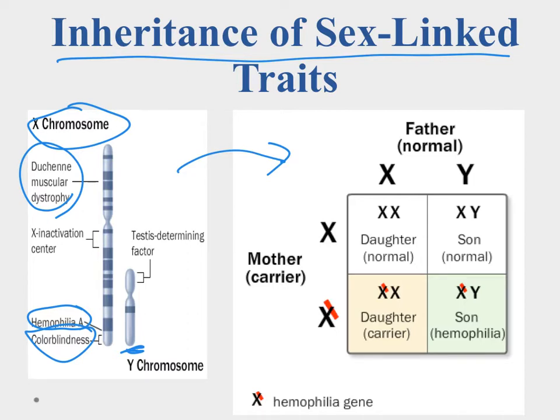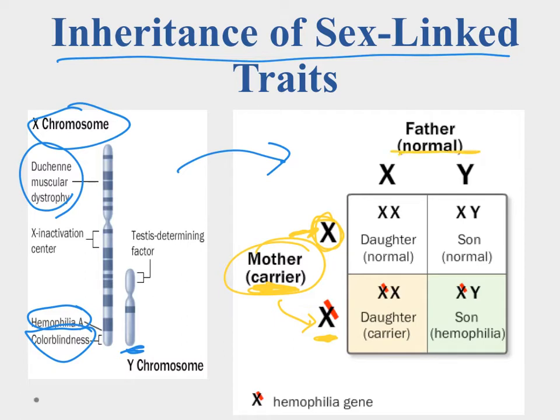Now, what we'll notice is when we look at the mother here, our mother is what we call a carrier. And that means that she has the allele for hemophilia, but she also has this dominant trait that does not have that allele. And because she has this dominant trait, she doesn't show any signs of hemophilia, but she's called a carrier because she carries that gene with her.